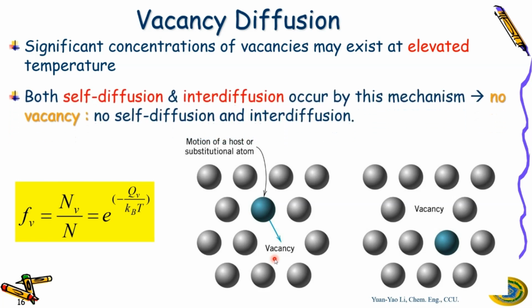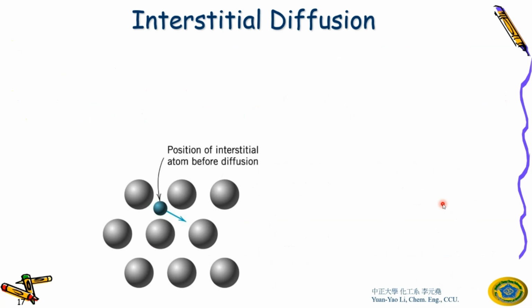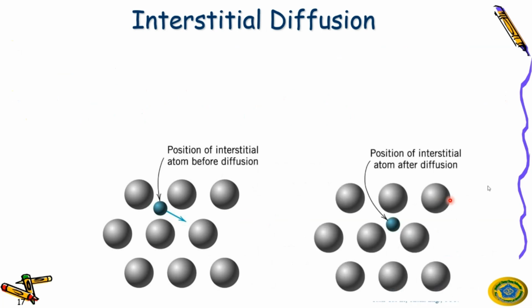So both self-diffusion and substitutional diffusion occur by this mechanism. So no vacancy, no self-diffusion. You need to have a vacancy. This is vacancy, right? So interstitial diffusion is that this one moves to here.